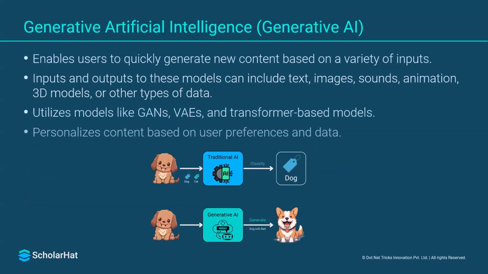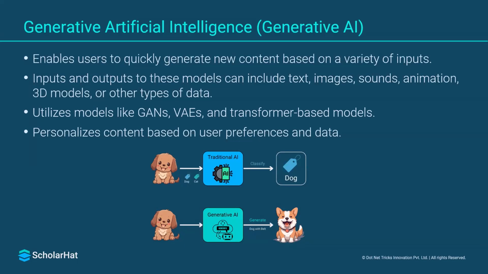Now, comparing traditional AI and generative AI, this is how we have things. In traditional AI, we just talk about classification. Let's take an example: you train an AI model by showing pictures of a dog, a cat, and a human. Then you ask which picture it actually is. The traditional AI model will tell us it's a picture of a dog, a cat, or a human.